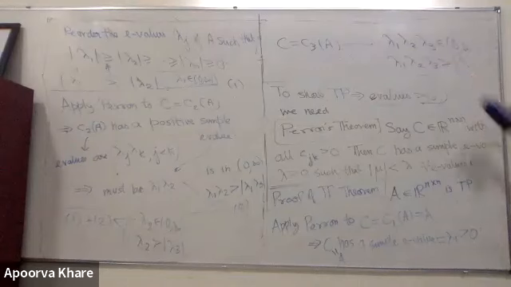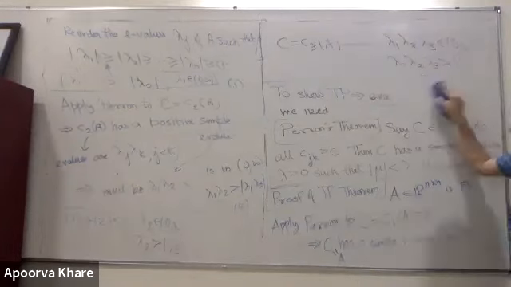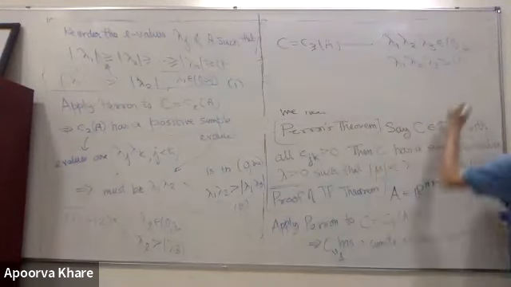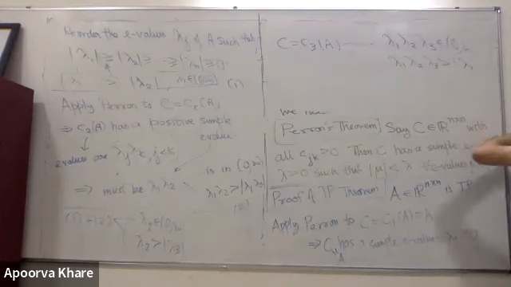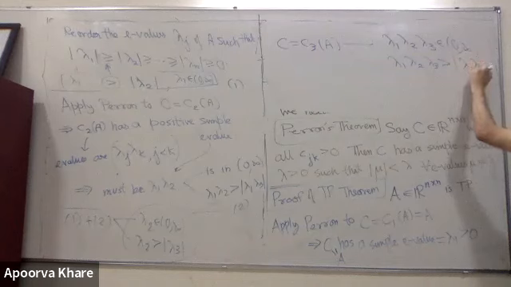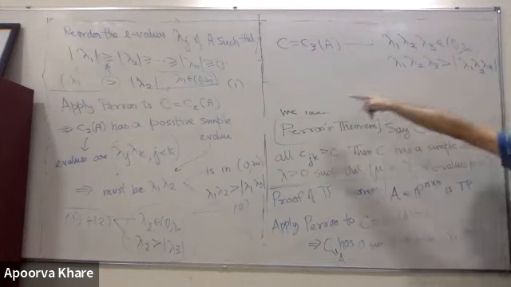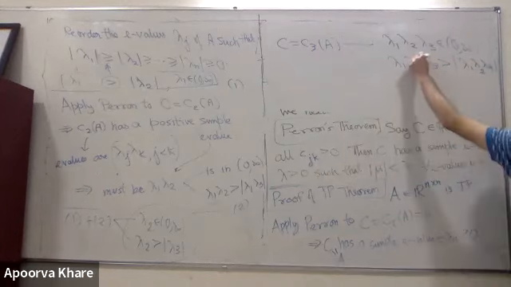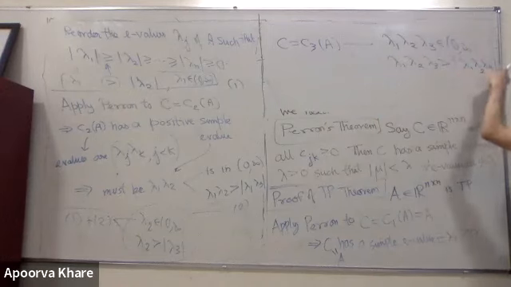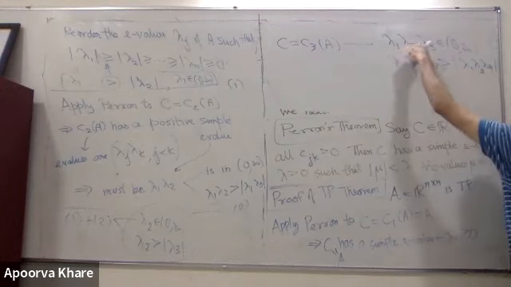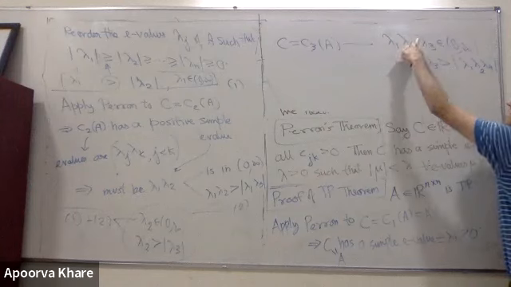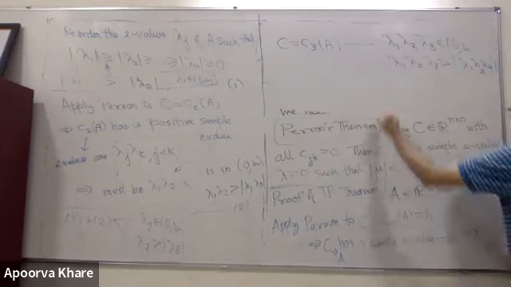So what should I write here? Lambda 1 lambda 2 lambda 4. And then because lambda 1 and lambda 2 are positive, I can cancel them and I get lambda 3 is bigger than mod lambda 4. From here, because lambda 1 and lambda 2 are positive, I cancel and say lambda 3 is positive, and keep going.